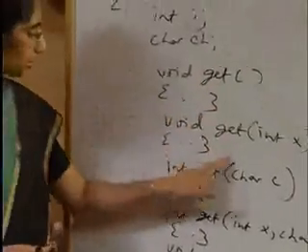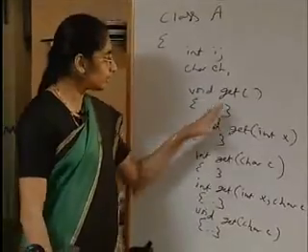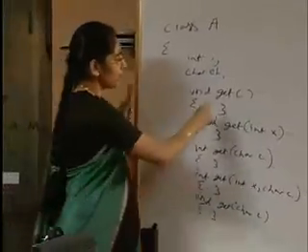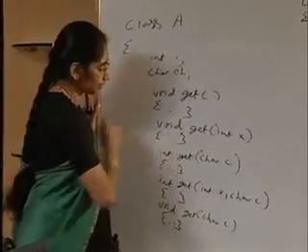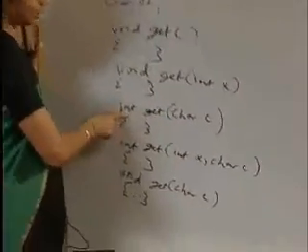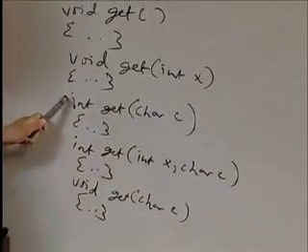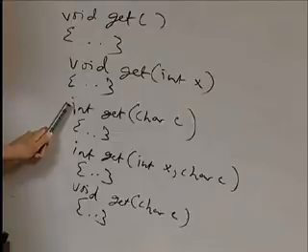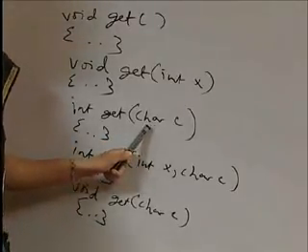So if I write the same method name with different signature, it's called function overloading. But take a look at this. We have a get without any parameter which returns void, a get with an int and void, a get with a char but the return type is int. So in case of function overloading, you can change the return type provided that the parameters are also different.